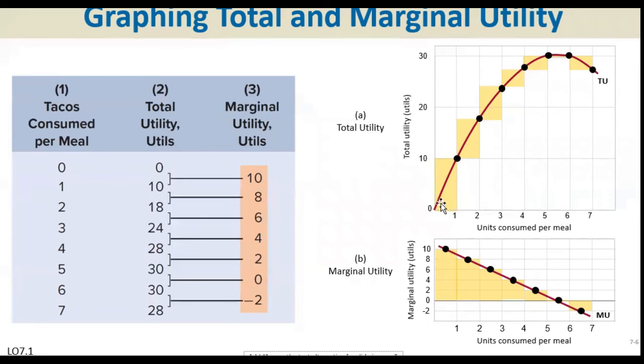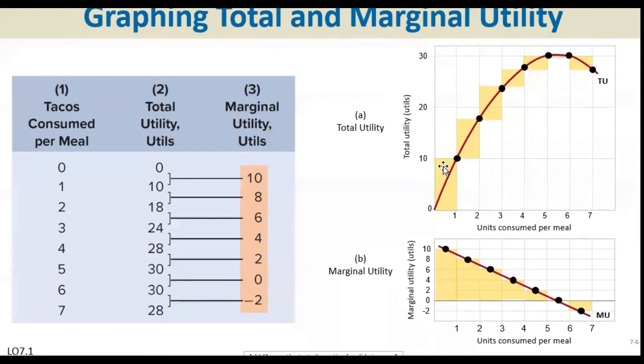Okay. So what you see here is, as more units of taco are consumed per meal, the total utility increases, right? But at what rate? It increases at a diminishing rate.